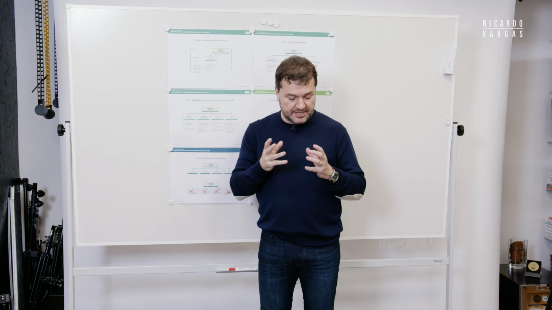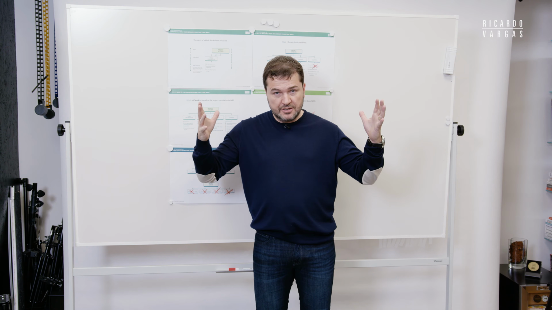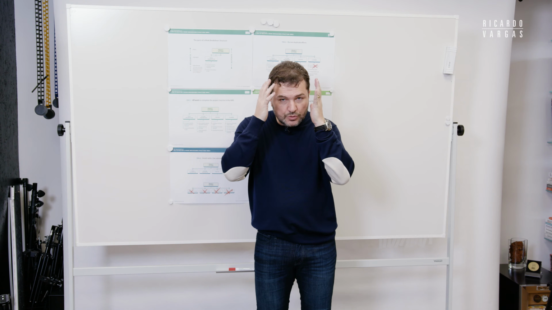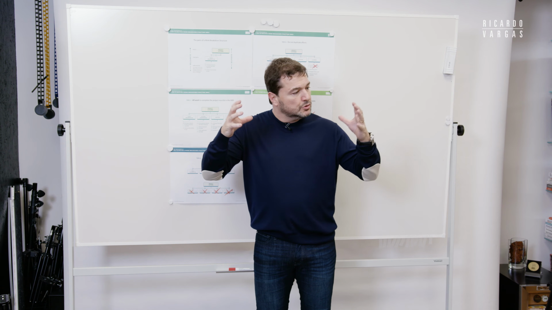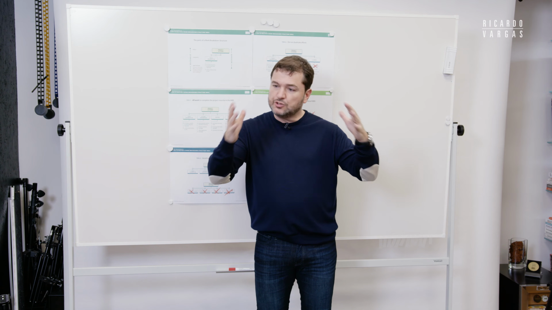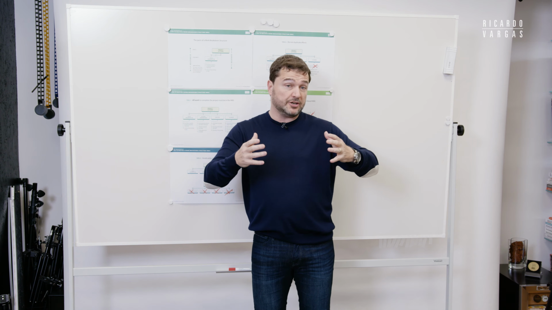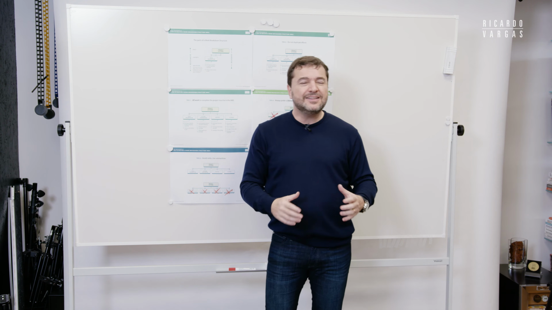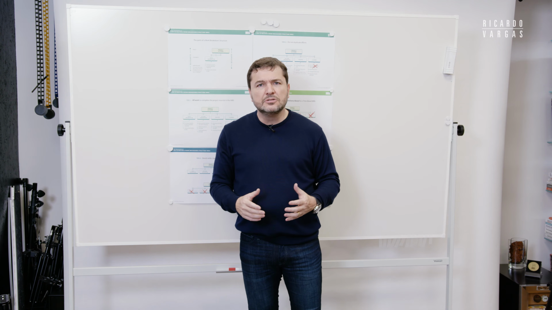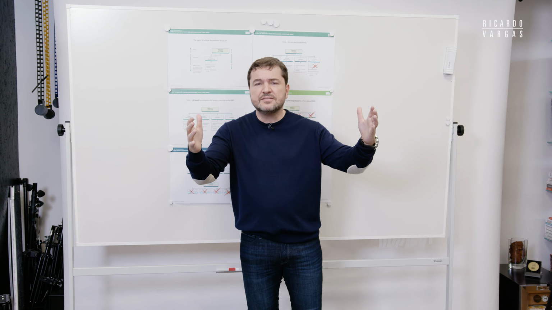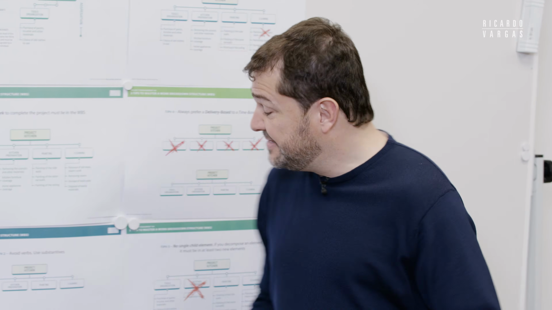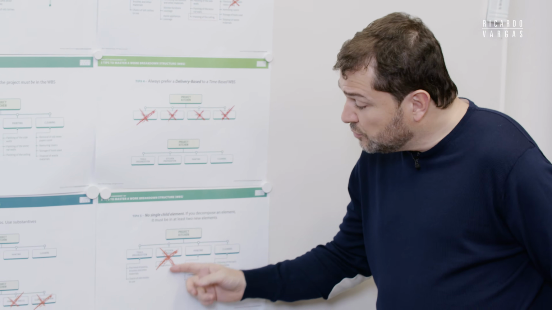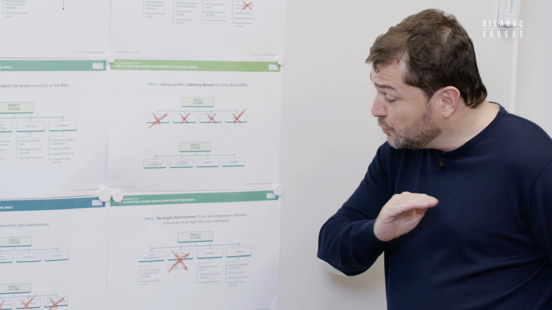Decomposition means to take something bigger and break it into smaller pieces. So it's to divide one big piece into 2, 3, 4 smaller ones, and then take another one and break it into 2, 3, 4. But imagine breaking one piece into one. This is exactly what I'm suggesting you avoid.